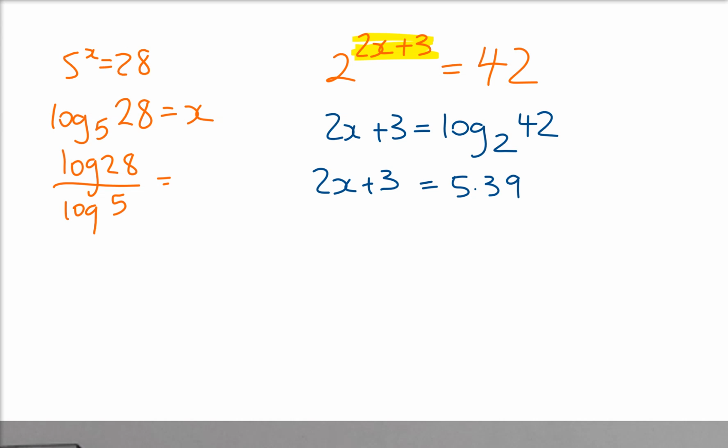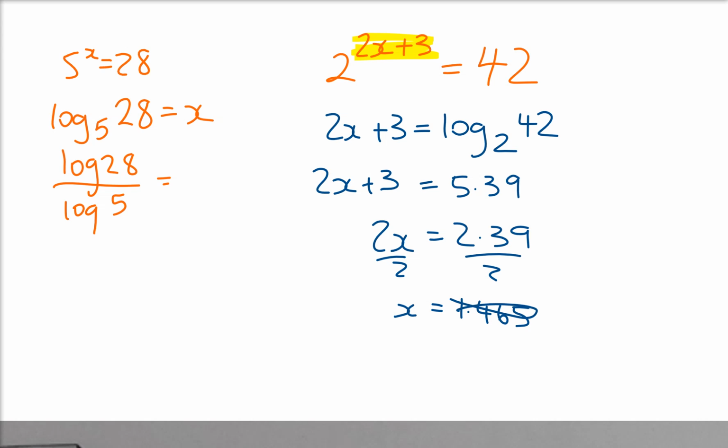Take 3 off both sides, and then divide both sides by 2. And you're going to get x equals 1.465. Okay, yeah, I did it wrong. Sorry, that's wrong. Sorry, Matthew. You would do log of 42 to the base 2, minus 3, divided by 2.